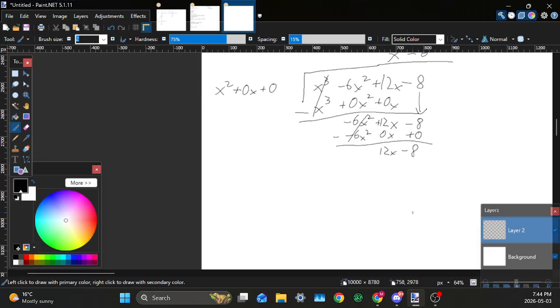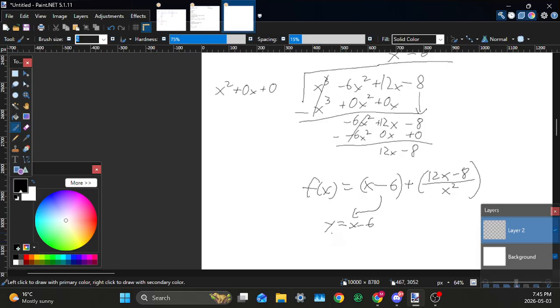So that means that our final answer here is f of x equals x minus 6 plus 12x minus 8 over x squared. Which means that if we take this out here, y equals x minus 6.